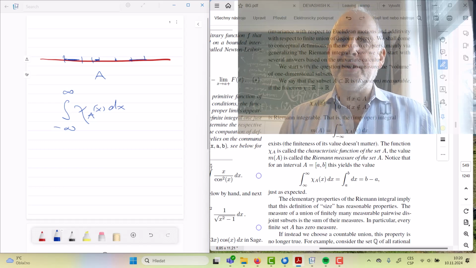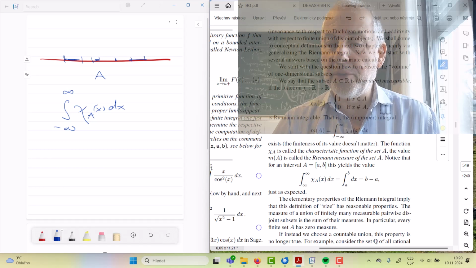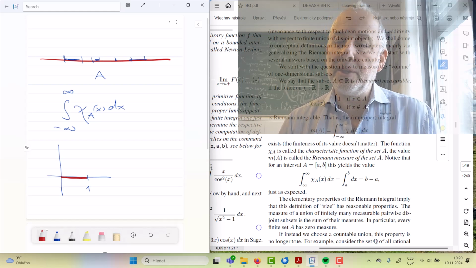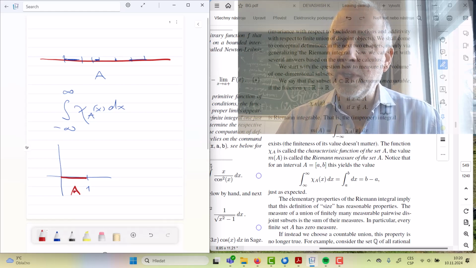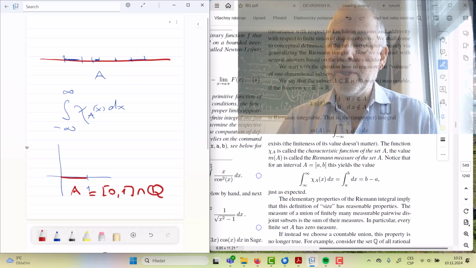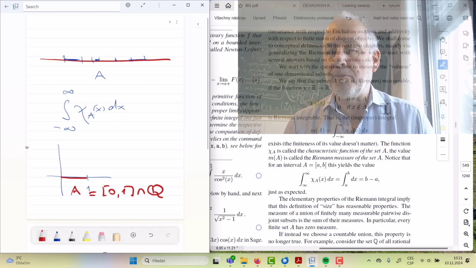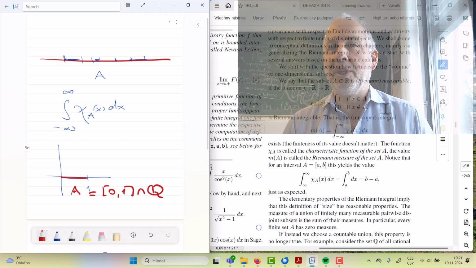And now the problem is whether the integral exists, right? So for many sets it won't. For example, if you take a unit interval, say this one, 0, 1, and I will take the set A, which is below 0 and 1, but only A will be equal to 0, 1 intersection with Q. So clearly for such a set, the upper integral of phi will be 1, the lower integral of phi will be 0, right?